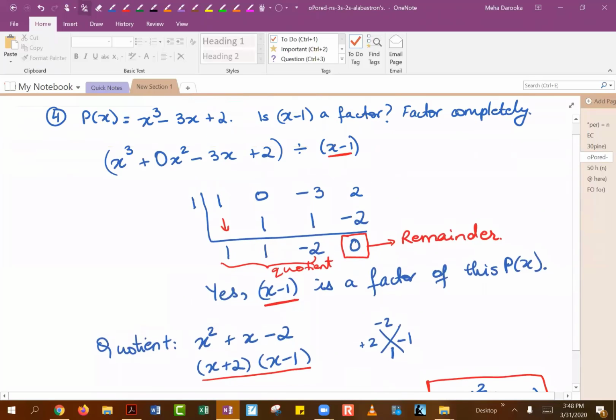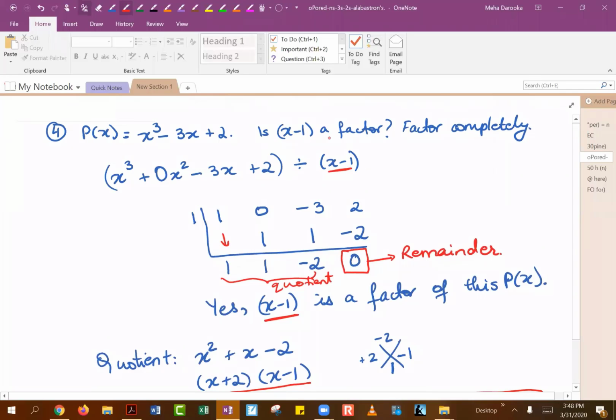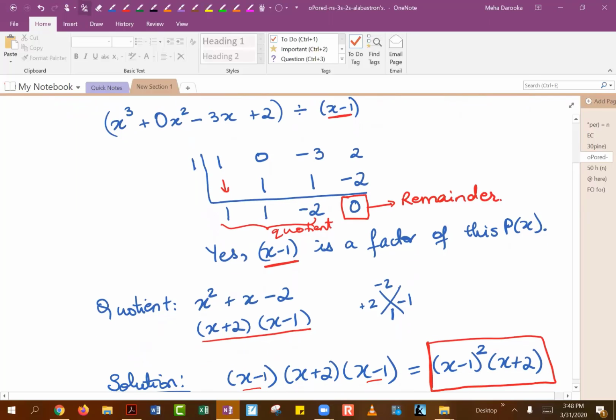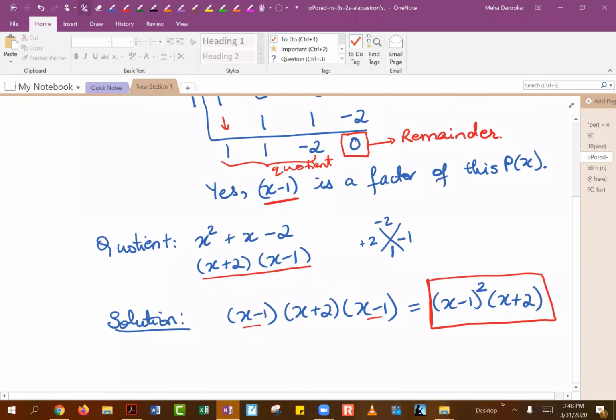So the first part was just to check and see if x minus 1 was a factor, which is what we showed by using the synthetic division. And if you got 0 remainder, then yes, this was a factor, and we proved that. Then you took the quotient that we got from that synthetic division and you tried to factor it again, and that guy factored into x plus 2, x minus 1, and then you take all three of these factors and you put them together.